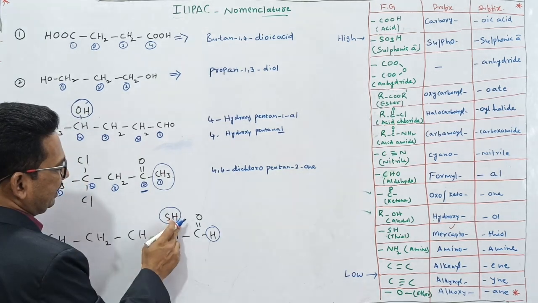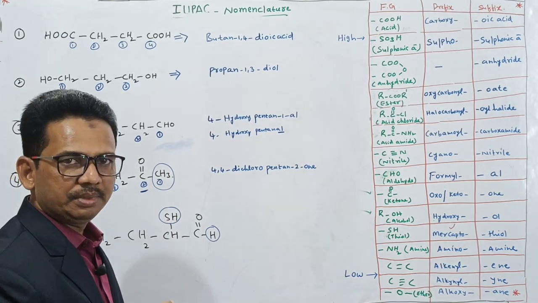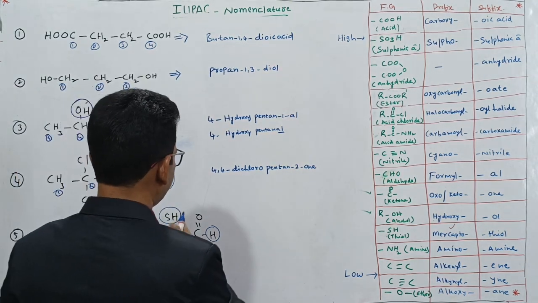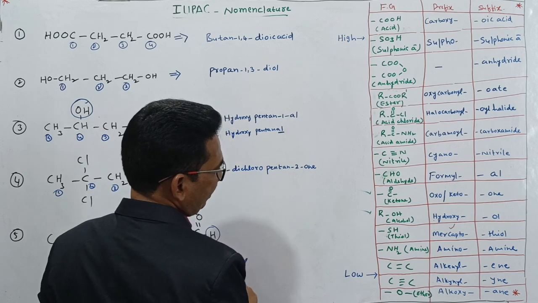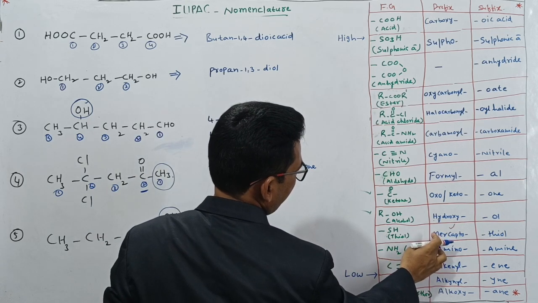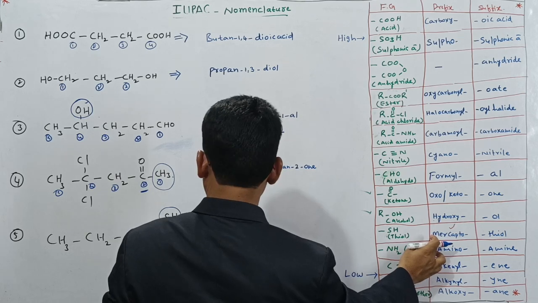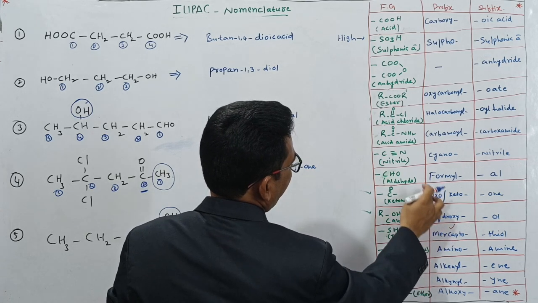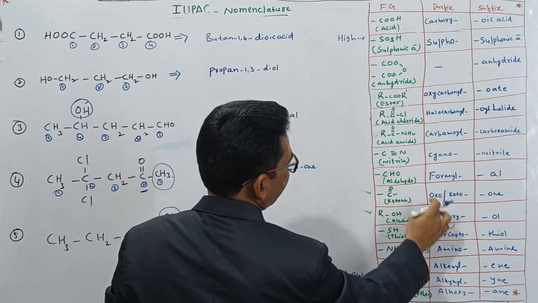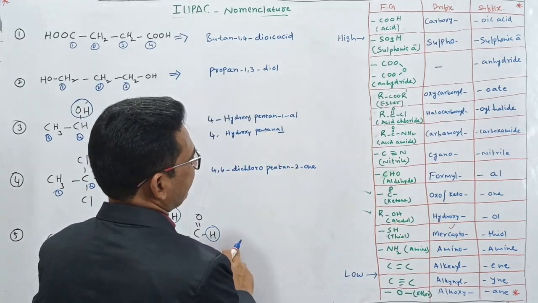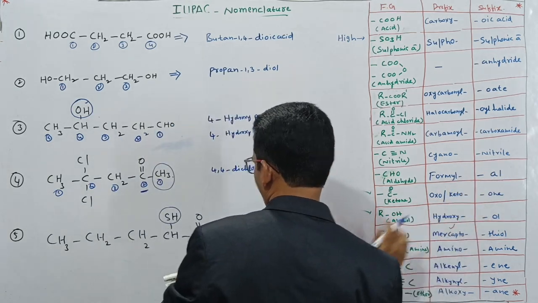This is present as the substituent. Then see which is more prior, mercapto or thio. Mercapto is here, on the lower priority side. Then you can see the aldehyde, on the higher priority side. Aldehyde is more prior, so we write it as the suffix. Suffix is nothing but al.